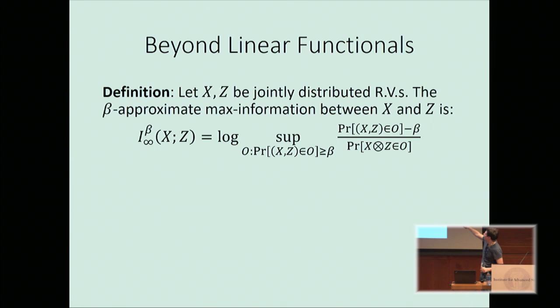Now, what's this notation in the denominator here? X circle cross z. By this, I mean the product distribution that results when I draw x from its marginal distribution and independently draw z from its marginal distribution. Okay? So the quantity in the denominator is the thing that we have 100 years of statistical research to analyze.